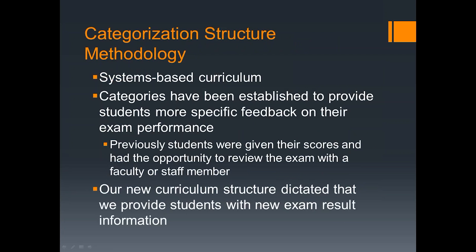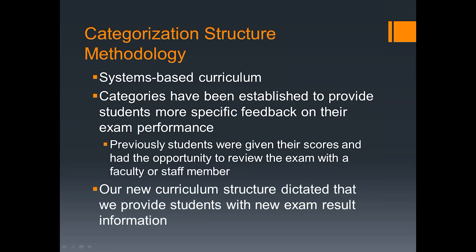So as I mentioned on the previous slide, at OSU we have a systems-based curriculum. In each of our systems courses, we have several different areas of content on one exam.